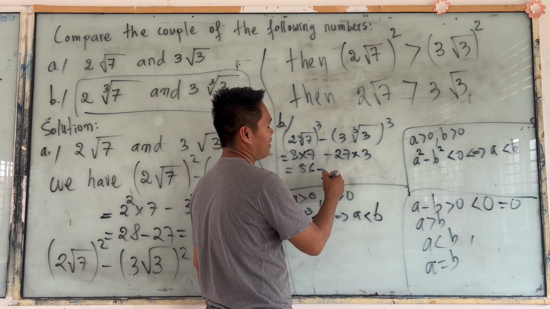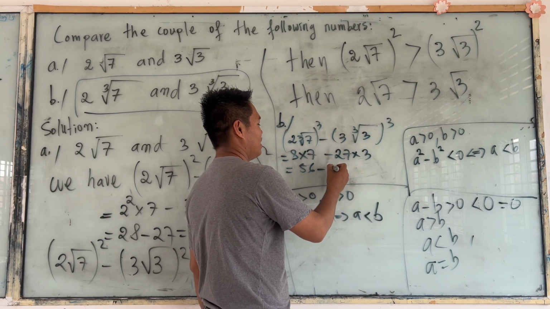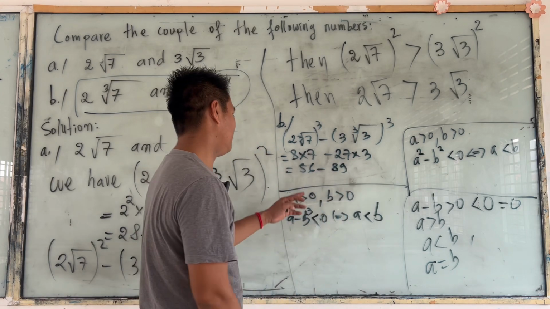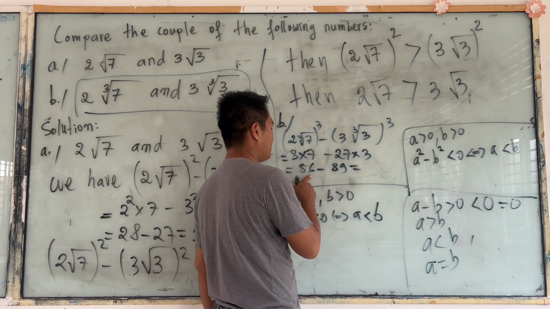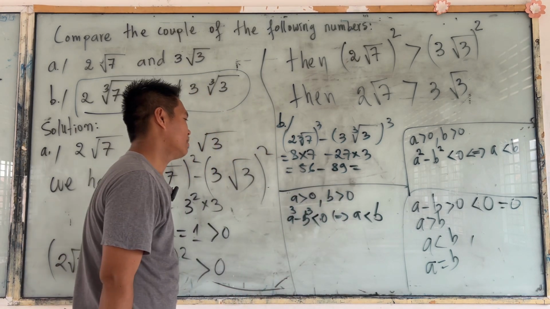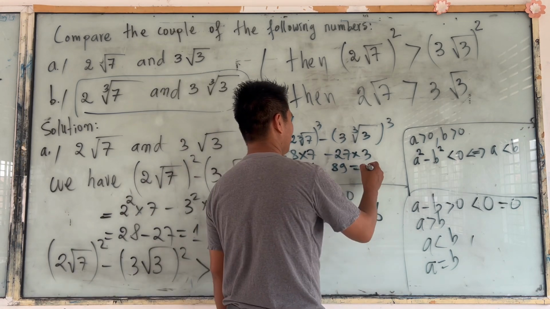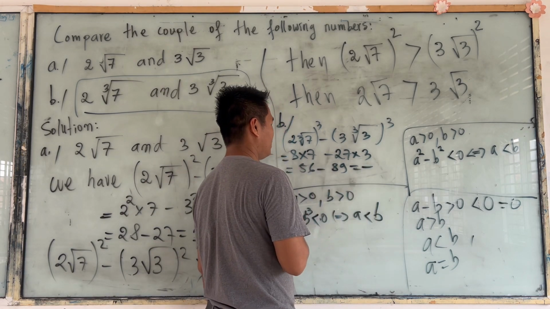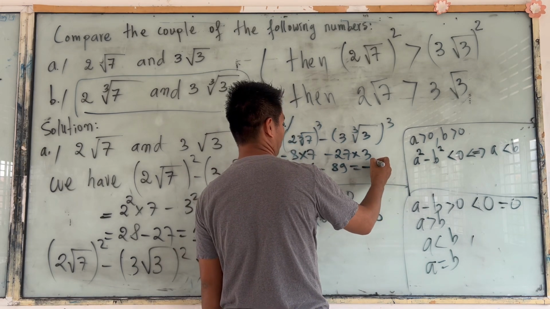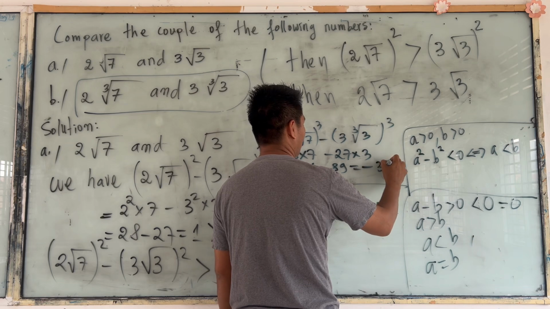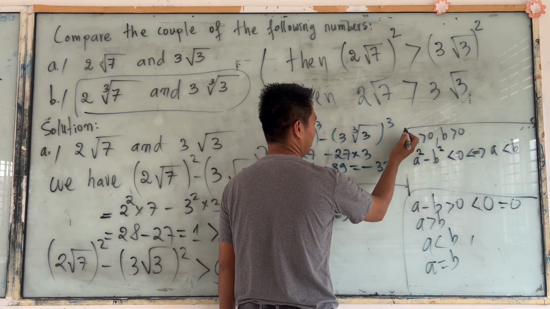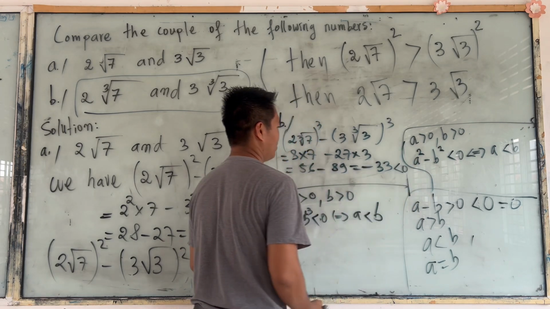You get 56 minus 81. So this one equals negative 25, and negative 25 is less than 0.